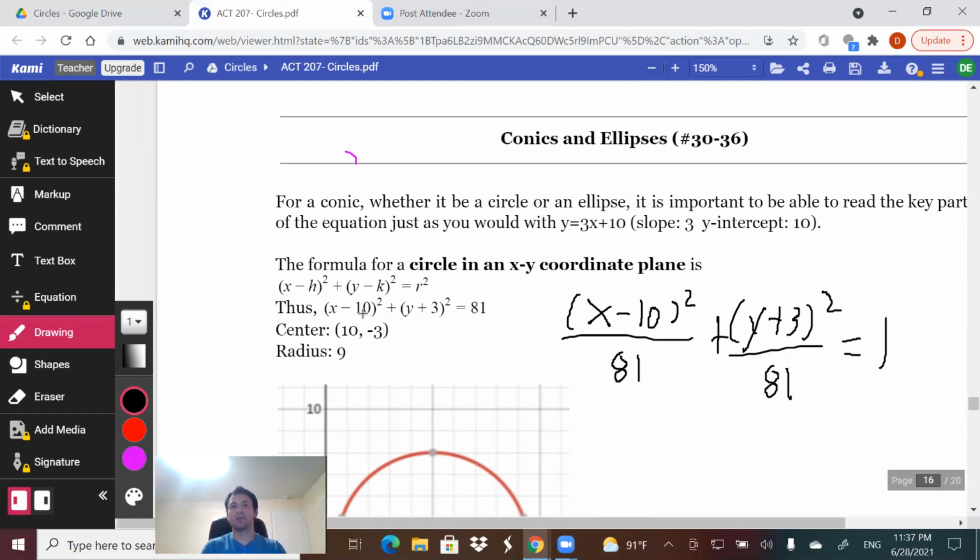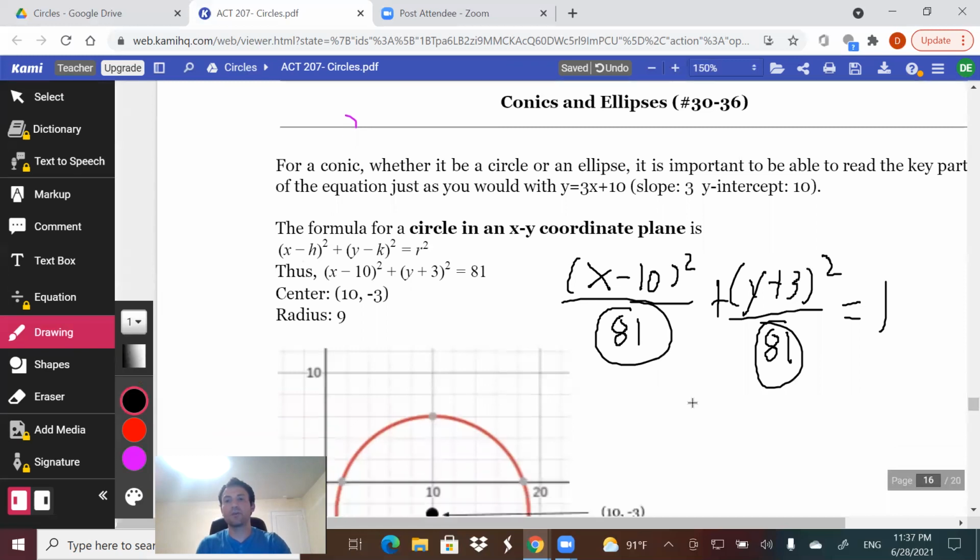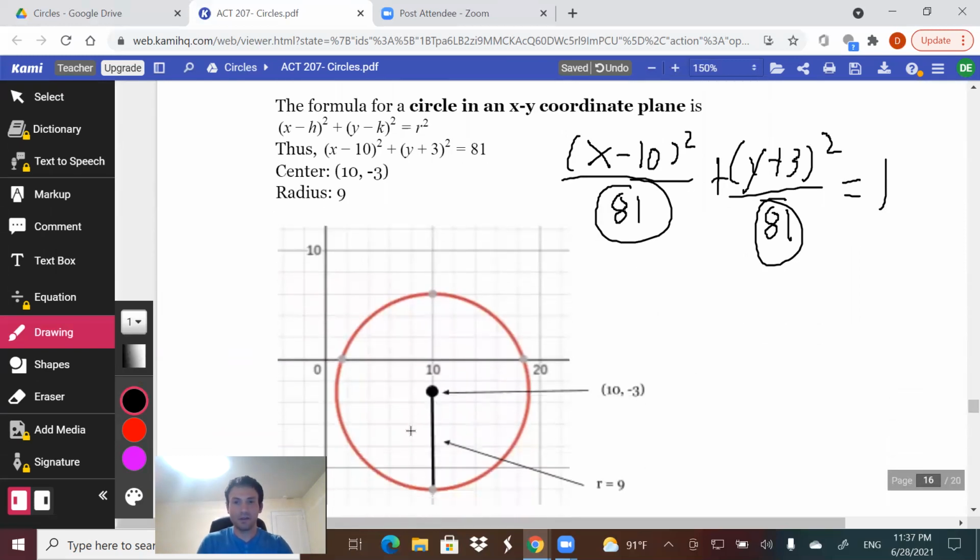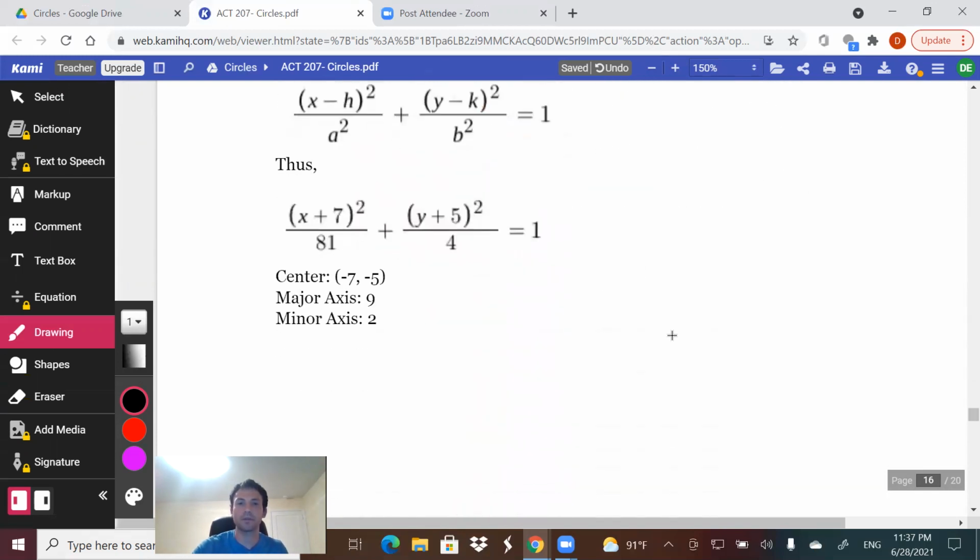So I just put this circle equation into standard ellipse form. I made it equal 1 with the denominators, but because the denominators are the same, you can see that your minor axis and your major axis are both 9. So we're going down 9, right, because of that, and we're going over 9 because of that, right? Our a squared and b squared are both 81. So essentially, that's kind of how you can toggle between a circle equation and an ellipse equation.